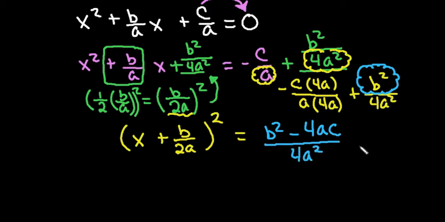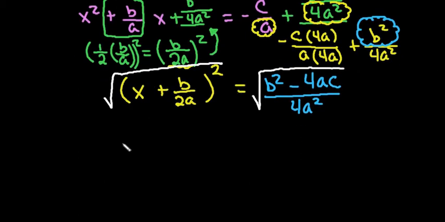Okay, so now, remember, to undo a square, we want to take the square root of both sides. And when I take the square root of both sides, I'm left with x plus b over 2a equals, the top part I cannot simplify. So I'm going to have the plus or minus, because remember, with quadratics, we're always looking for the positive and the negative.